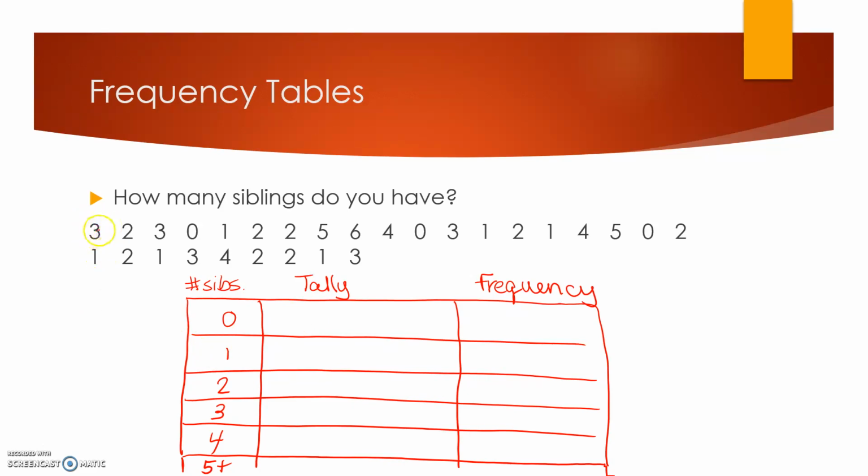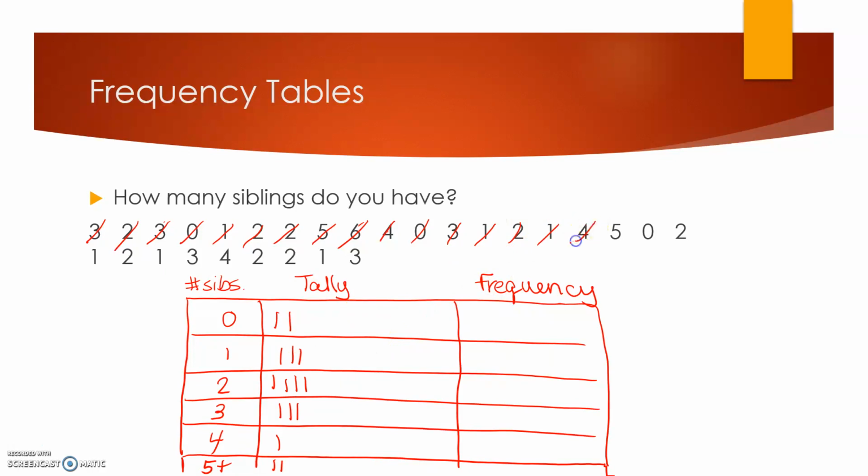I'm going to just go through and say, okay, I've got a 3, so I put a tally mark here. 2, cross that out, put a tally mark here, 3, and I'm going to go through this whole thing this way. Six is more than 5, so I'm putting that in the 5 or more column. So we've got 4, 0, 3, 1, 2, 1.